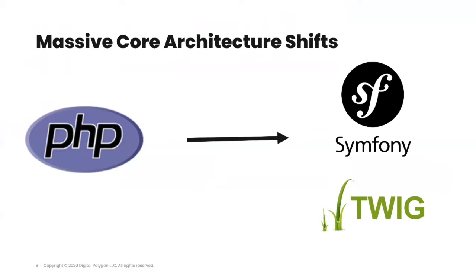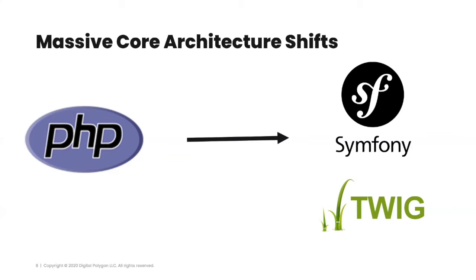So let's talk a little bit about the massive core architecture shifts from Drupal 7 to Drupal 8. Drupal 7 was primarily built on PHP, just pure vanilla PHP. Really customized. Wasn't using really a framework, and it was using the PHP template system to do its theming layer. In order to attract more talent and make it more appealing to PHP developers, the core team decided that they would standardize on frameworks.